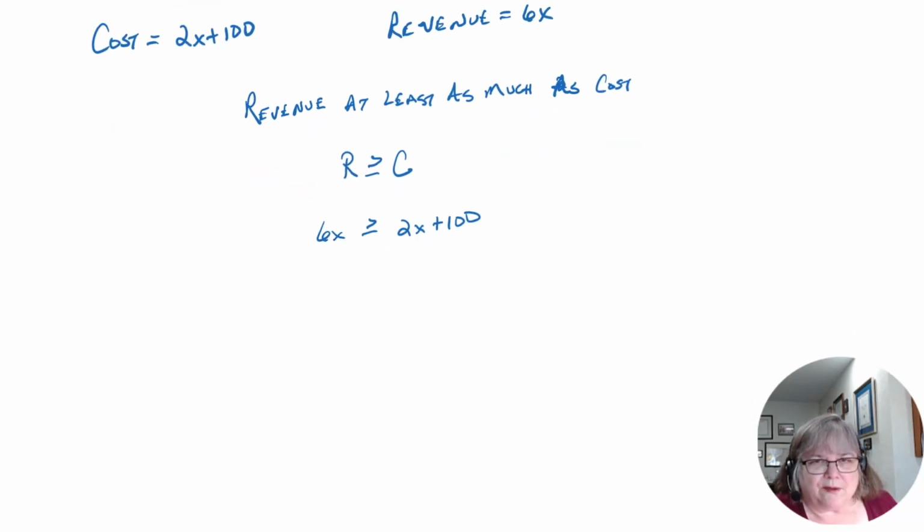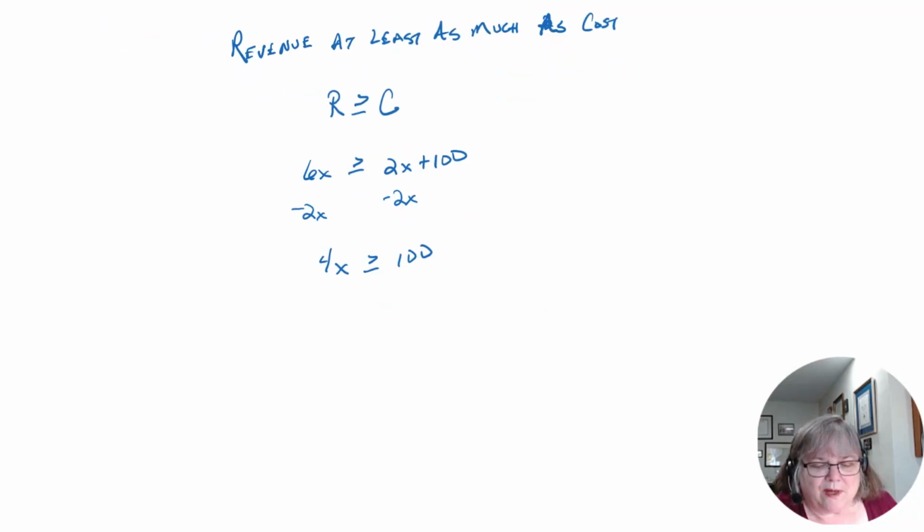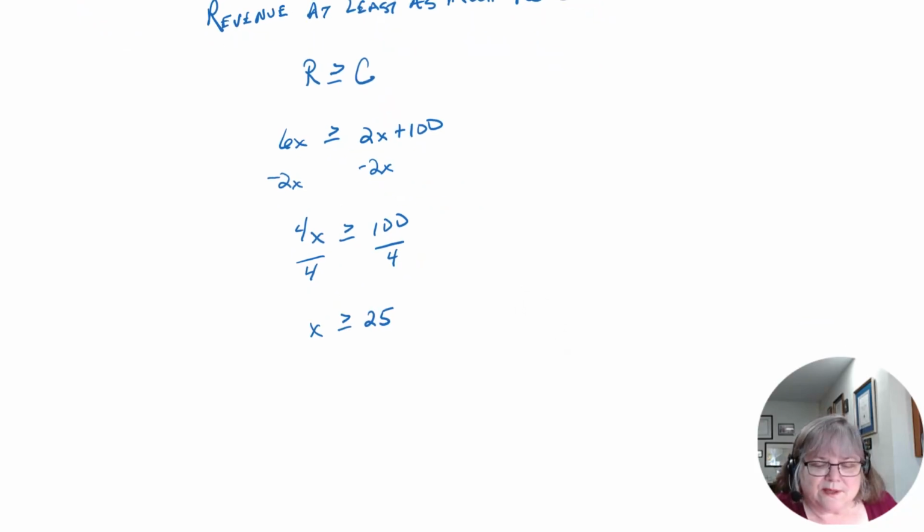So we would do our whole thing, simplify the left, simplify the right, get our variables on one side. So 4x is greater than or equal to 100. Then we want to know what x is doing. So x is greater than or equal to 25. So what does that mean? If I sell 25 units, I break even.